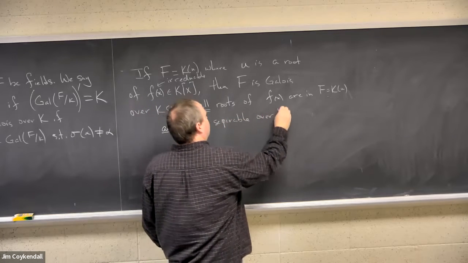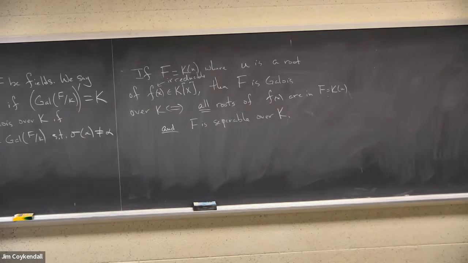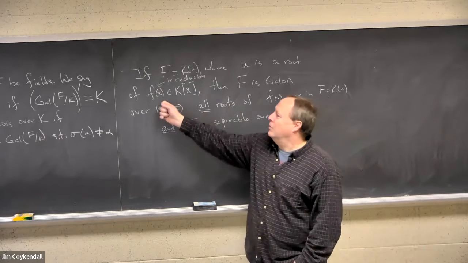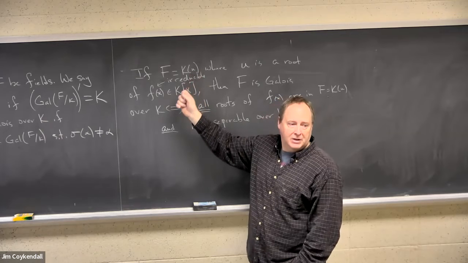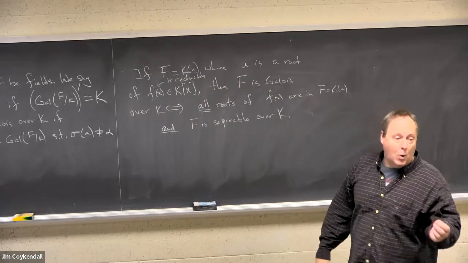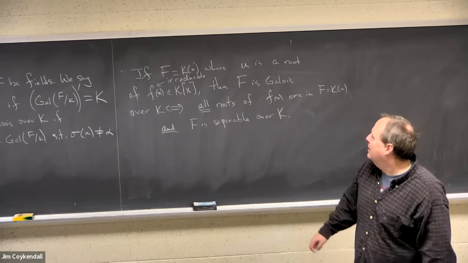Okay. Now, what it means to be separable, we have not defined, and we will later. But basically, what it means to be Galois for the simple extension is when you adjoin a root of the irreducible polynomial, you magically get not just that root, but all the roots. For example, if you have a quadratic extension, this happens because all you need is plus or minus radical d.